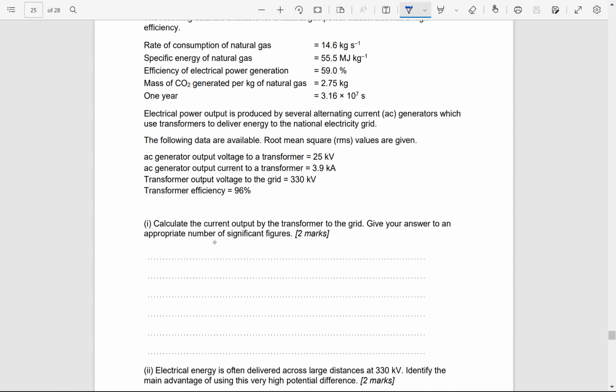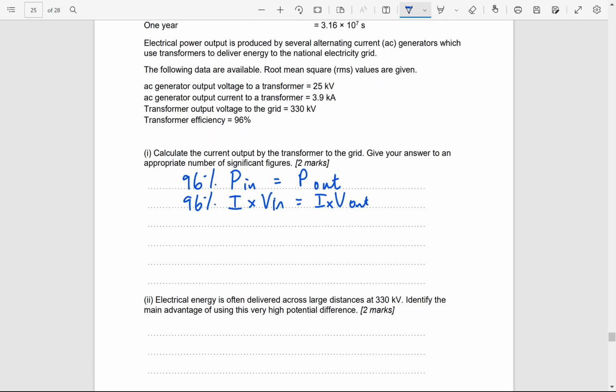So we know that the transformer has an efficiency of 96%. So 96% of the power in becomes the power out. In other words, 96% of current times voltage in becomes the current times the voltage out. Right.